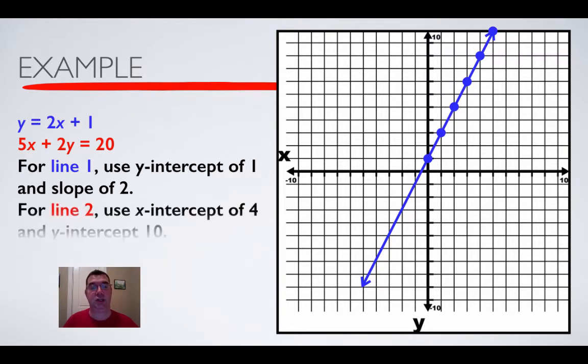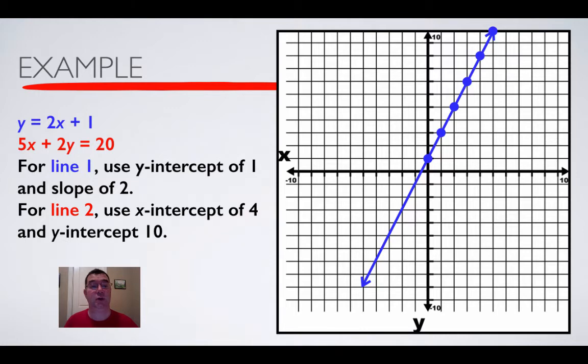Now for line 2, that's not in slope-intercept form, that's in standard form. So what I do is I kind of hide my x's and solve for y. That's going to give me my y-intercept. And then I hide my y's and solve for x, and that's going to give me my x-intercept.